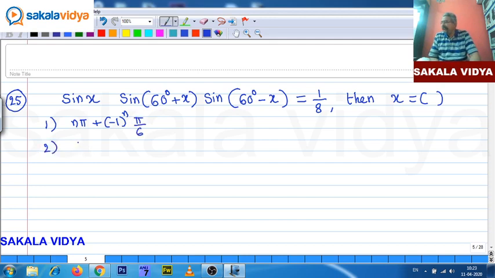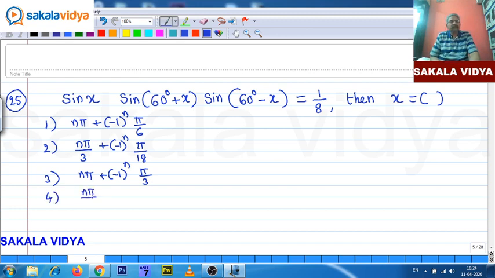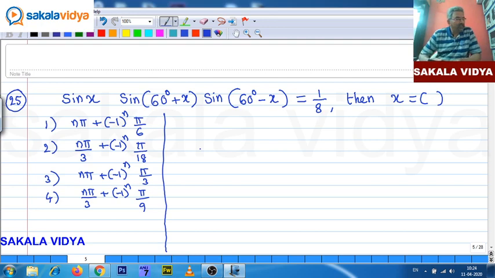Second option: n pi by 3 plus minus 1 to the power of n pi by 18. Third option: n pi plus minus 1 to the power of n pi by 3. Fourth option: n pi by 3 plus minus 1 to the power of n pi by 9. This is the question.